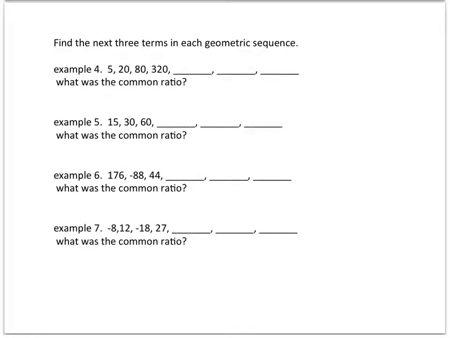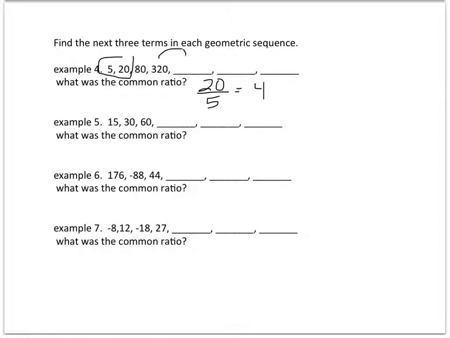Alright, so we're going to look at the next few examples and figure out what the common ratio is first, and then find the next 3 terms. So let's look at example number 4, and we've got 5 and 20. To find the common ratio, you always take the second term and divide it by the first. That's going to be 4. So I know that I'm multiplying by 4 each time.